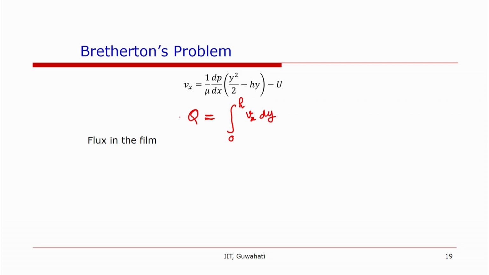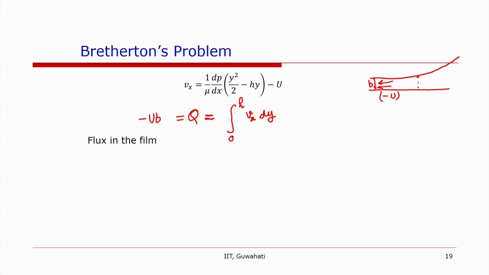Remember this is also equal to, in the constant thickness film region, where the film thickness is b and the velocity is minus u, q is equal to minus ub.